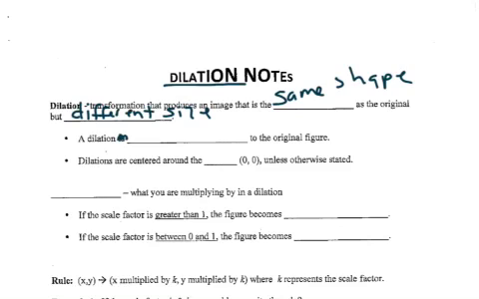So a dilation, we're going to put that it stretches or shrinks the original figure. Dilations are always centered around the origin, which is 0, 0, unless otherwise stated.